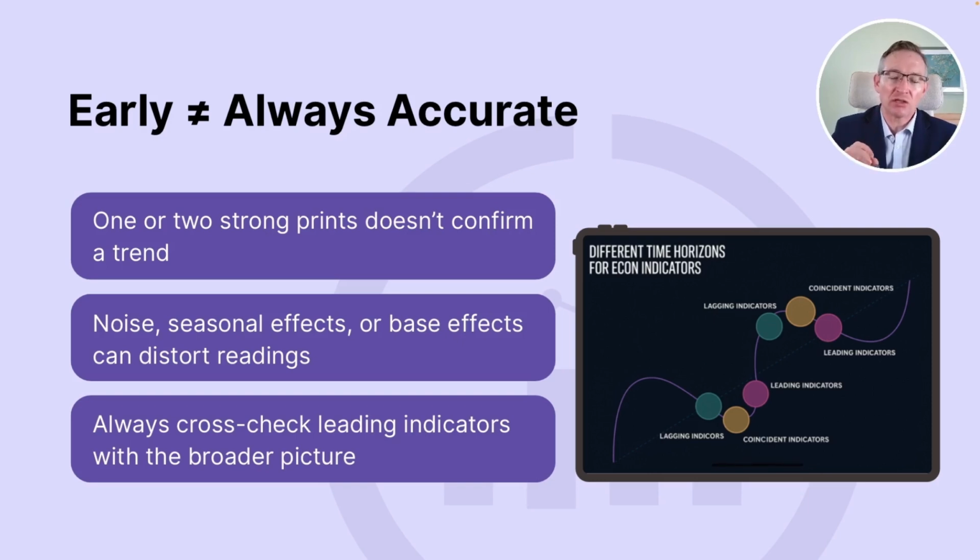So remember, context really matters. It's not just because you see a purchasing manager index level drop that it is automatically a signal that an economy is about to turn, right? So you've got to use these indicators in line with the broader economic trends and the broader macro situation.